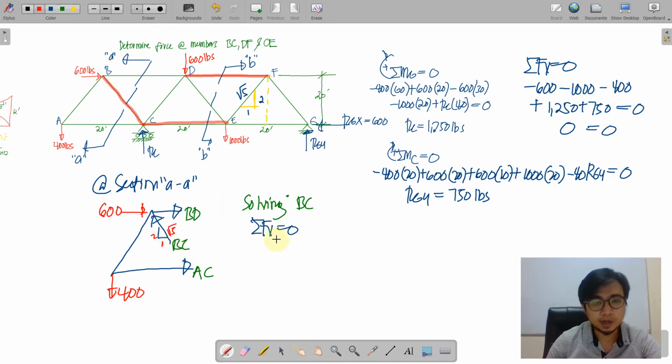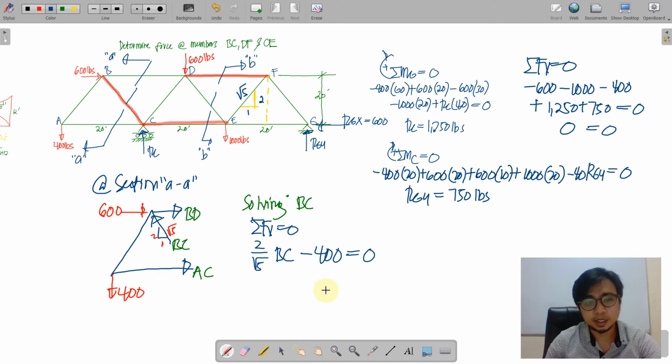So going back to this equation, we are involving here the vertical. The vertical slope is 2. We just divide it by this hypotenuse. We have 2 over square root of 5 of BC. This is an upward force. We deduct here the 400 going down, and that will be equal to 0.